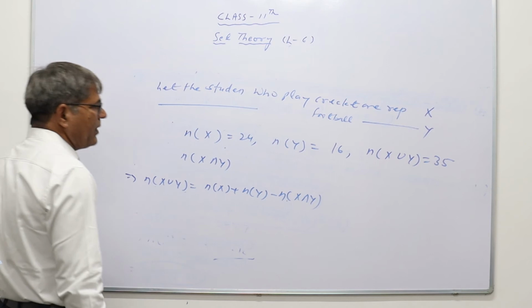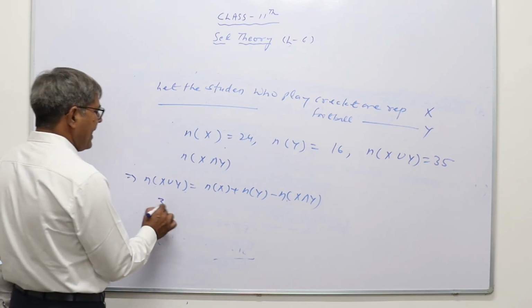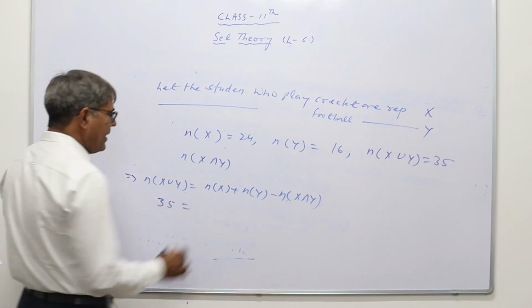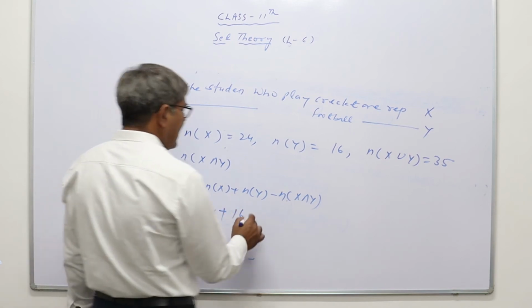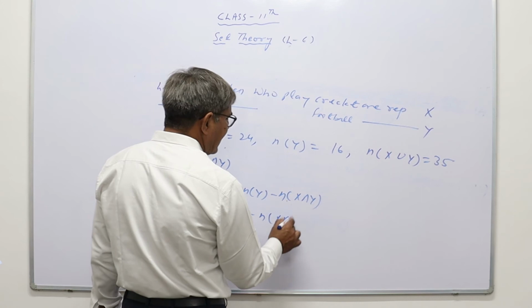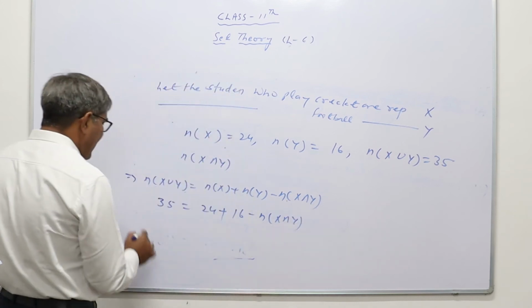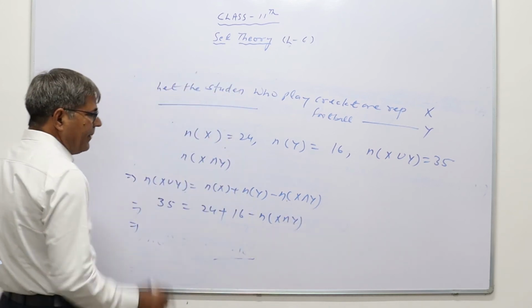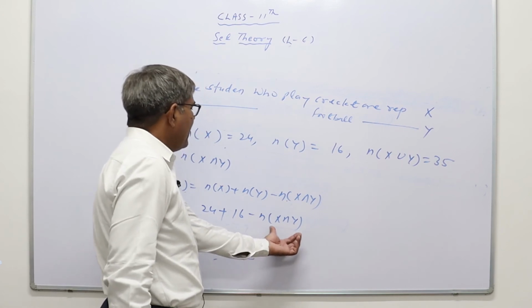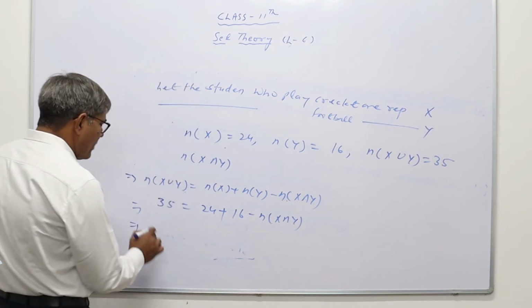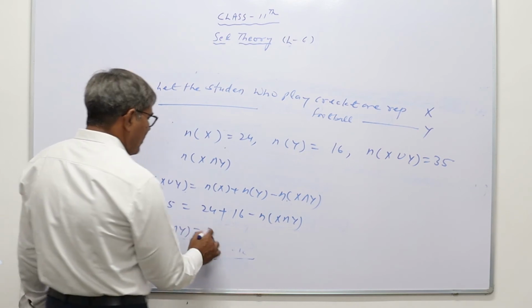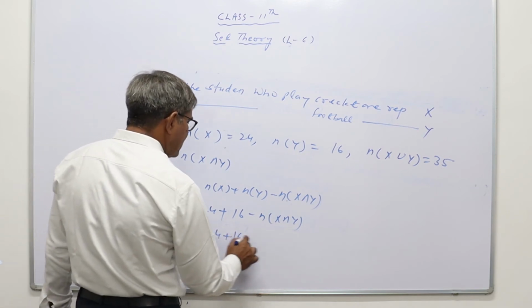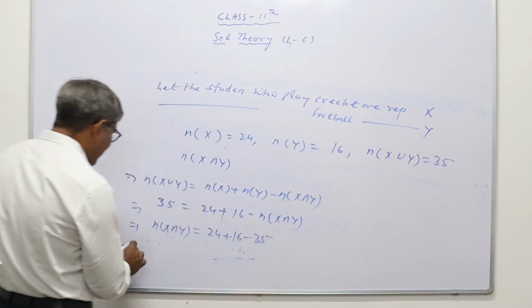So by substituting the given values, n(X union Y) is 35, n(X) is 24, n(Y) is 16, and n(X intersection Y) we have to find out. Taking this term to the left-hand side, n(X intersection Y) will be equal to 24 plus 16 minus 35.